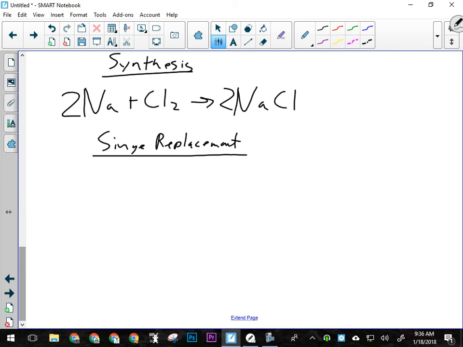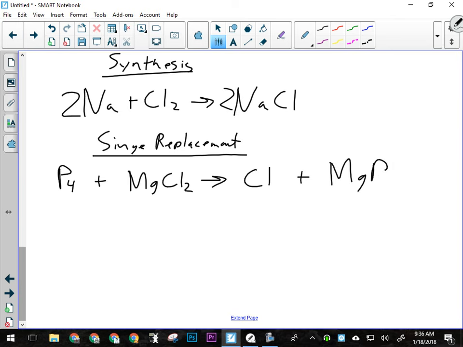So let's say we've got, I don't even know if this is a real reaction, but we'll write it, phosphorus reacts with magnesium chloride. So it's a single replacement reaction. Who is phosphorus going to replace? Chloride. So we're going to have chlorine by itself and magnesium with phosphorus. Is that special? Yes.